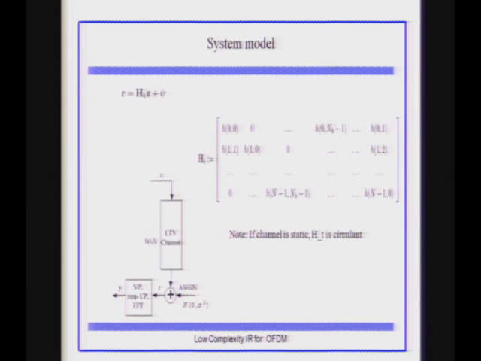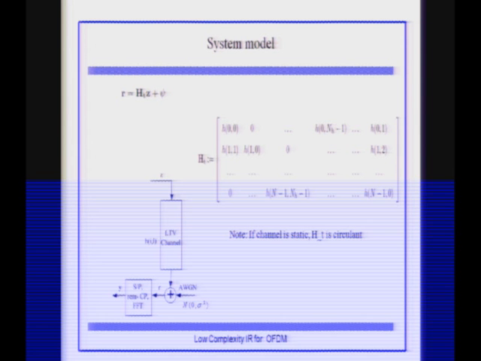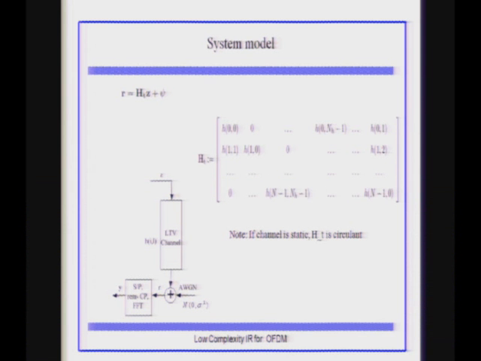Now, let's look at the system model. We have the transmit symbols, the passband and the baseband, and we are trying to model the received signal as the system matrix in the time domain, times the transmit symbol, plus the AWGN in the system.